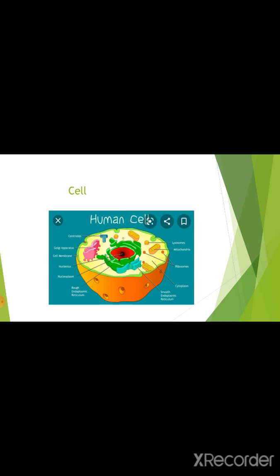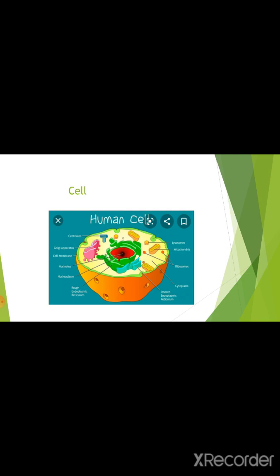Different types of tissues join together and form an organ. Some organs work together to perform a specific life function and form an organ system. Various organ systems work together to carry out different activities in the living organism. The body of the organism has different organ systems.